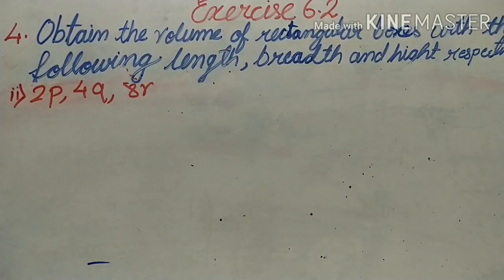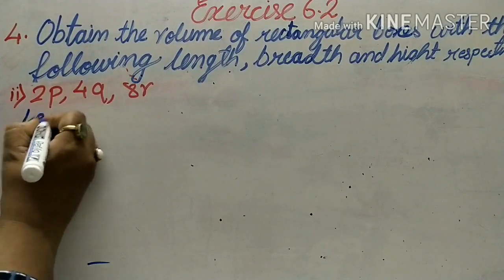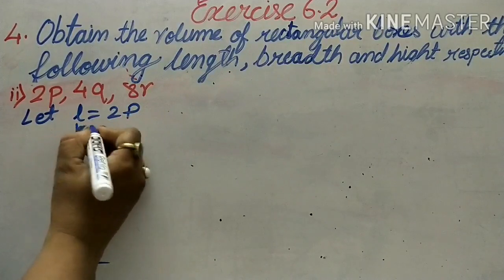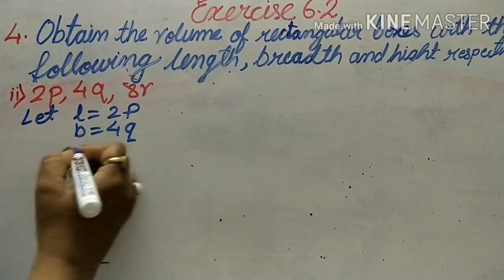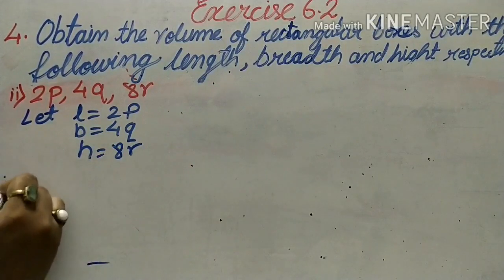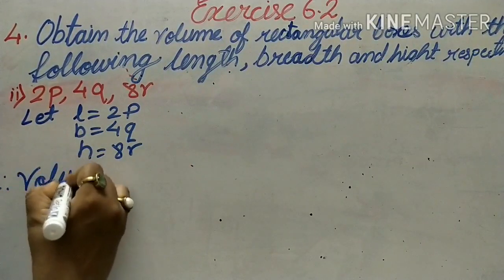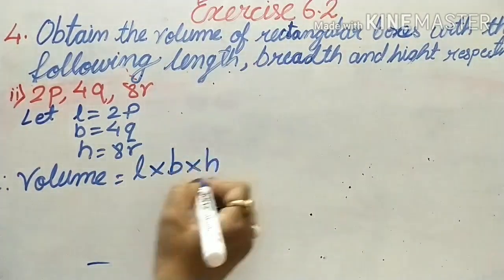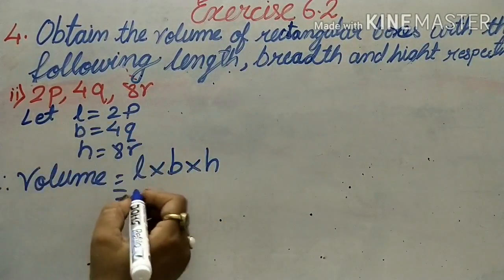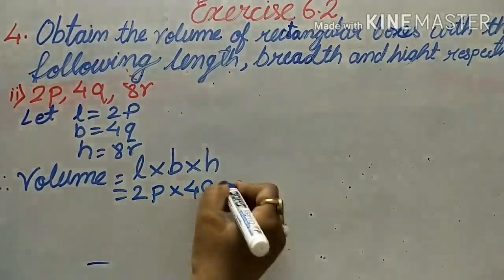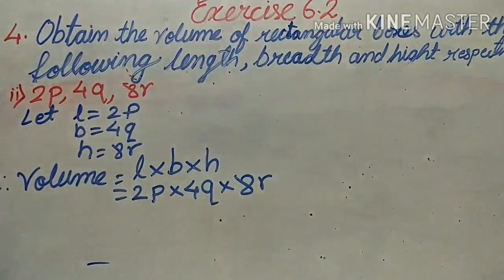Second one, we have to consider let length is equal to 2p, breadth is equal to 4q and height is equal to 8r. So the volume of rectangular box is, volume is equal to length into breadth into height is equal to, substitute these values, 2p into 4q into 8r.